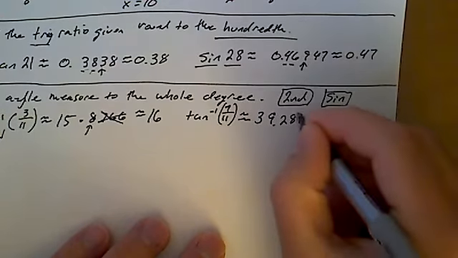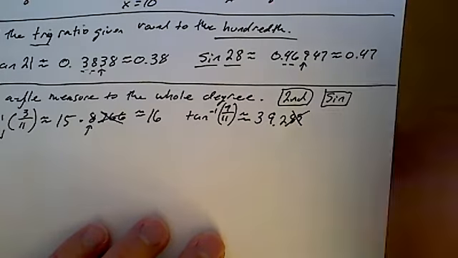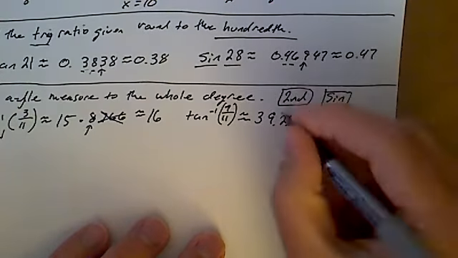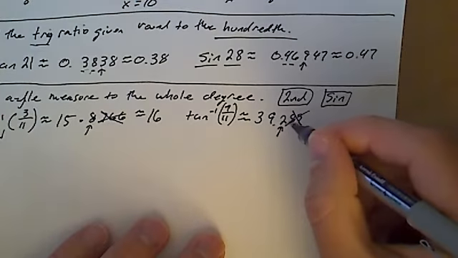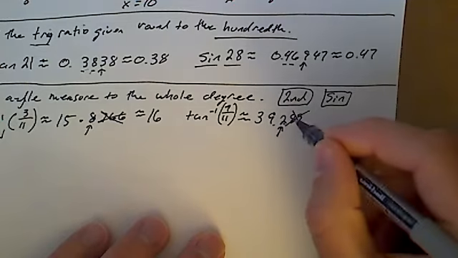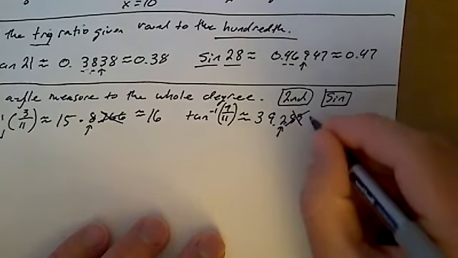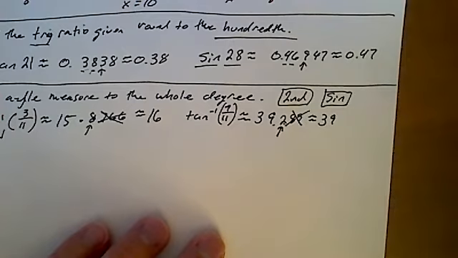Again, since we're rounding to the whole degree, we don't care about the 8, 9 at all. Do not do anything with them, right? The only thing we care about is this number right after the decimal. 39.2. 2 is less than 4, so it doesn't do anything to our 39, and we get 39.